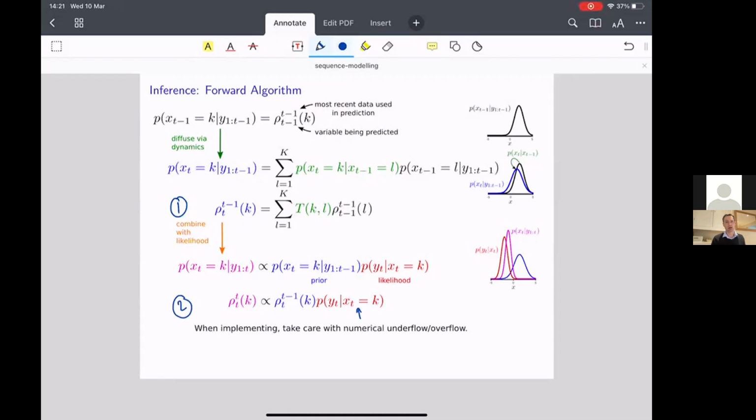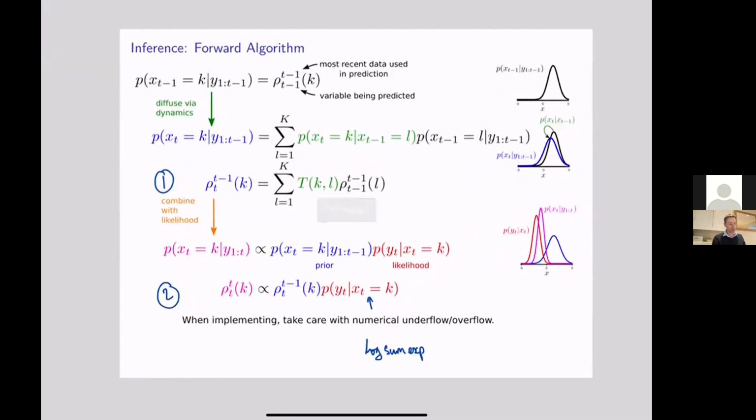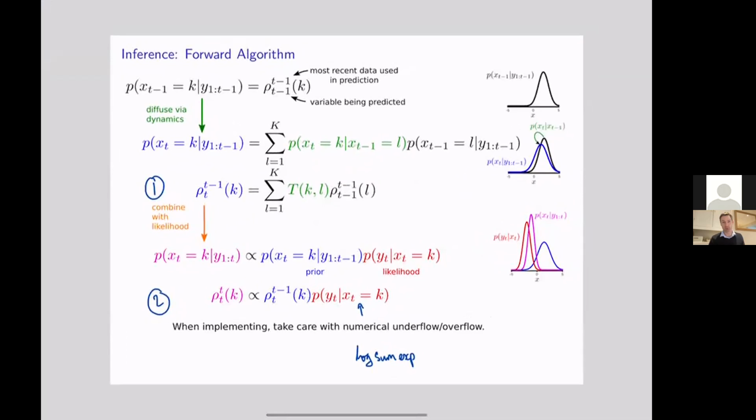There are good, robust implementations out there and a bunch of tricks. One of them is famously called the log-sum-exp trick, used to numerically stably compute these quantities. If you're going to play around with these things and implement them, make sure you do it in a numerically stable way. There are lots of guides about how to do this. But from a high level perspective, it is a fairly simple procedure that involves a bunch of matrix multiplies essentially.